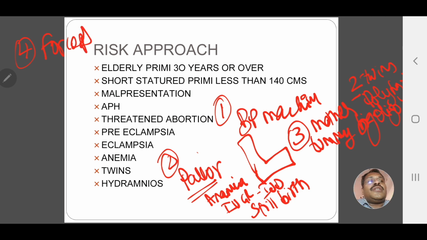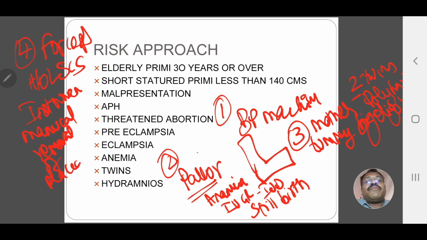An instrument. So when you remember the picture of a forceps, when there is history of LSCS, lower segment cesarean section, when there is history of instrumental delivery, history of manual removal of placenta, so these are all coming under the forceps picture.